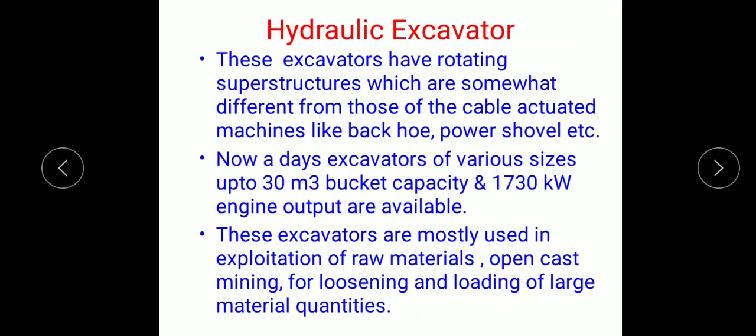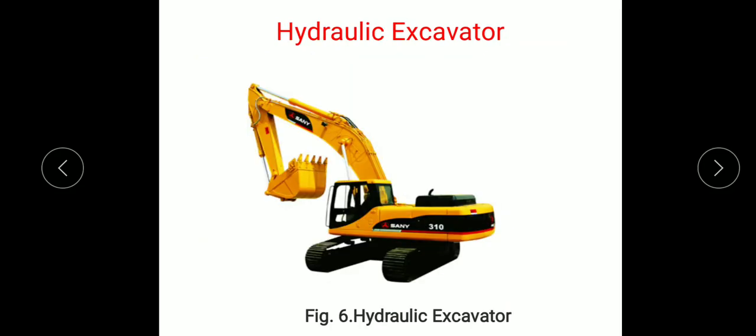These excavators are mostly used in exploitation of raw materials, open cast mining, and for loosening and loading of large material quantities. Figure number 6 shows a hydraulic excavator with a crawler type of mounting to which a boom is attached, and this is the bucket of the hydraulic excavator.